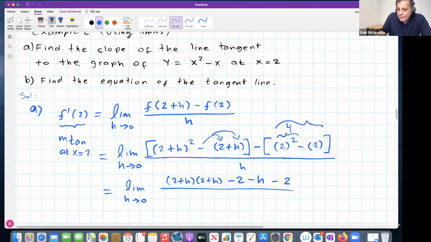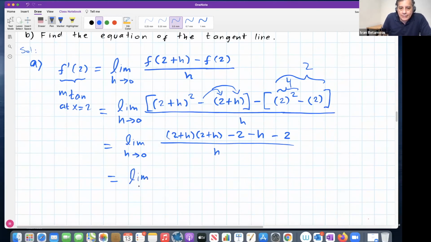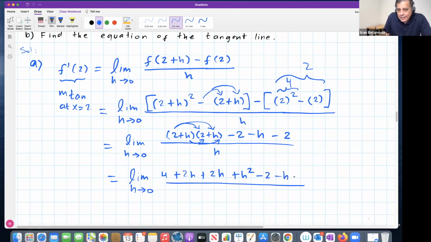So this whole thing, 2, minus 2. Now, if you expand this, remember the denominator is h, you will get the following. Limit as h approaches 0 of 2 times 2, 4, 2 times h, 2h, h times 2, 2h, h times h, h squared, minus 2 minus h minus 2.